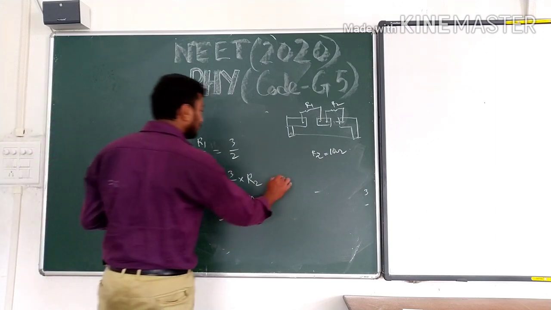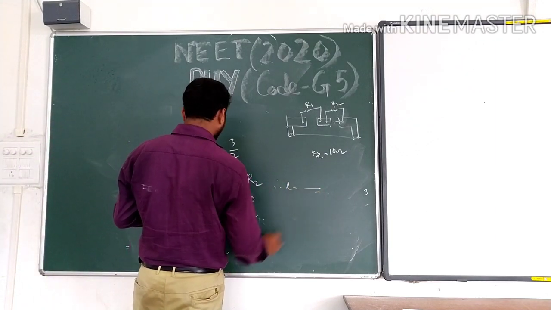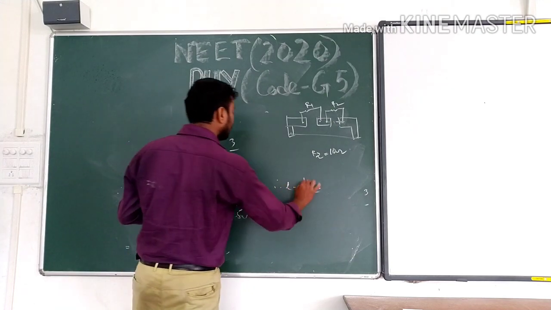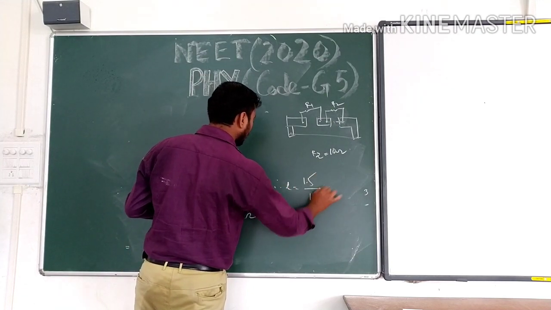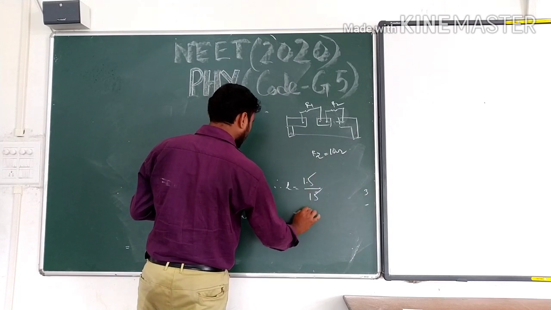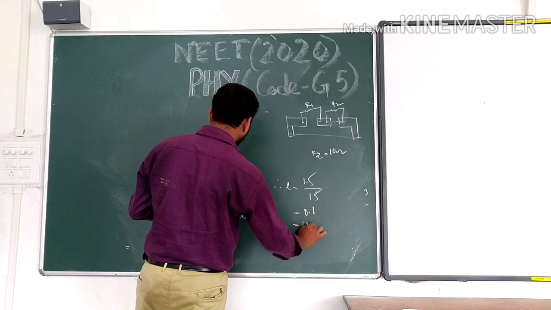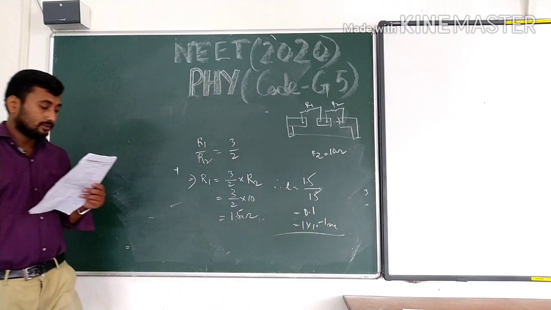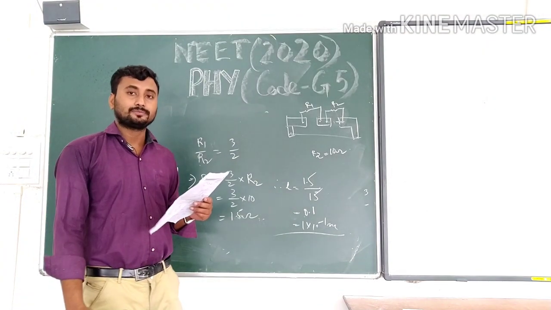Therefore, the length of one resistance wire is 1.5 divided by the total, and the answer is 10 to the minus 1. So option 1 is correct.